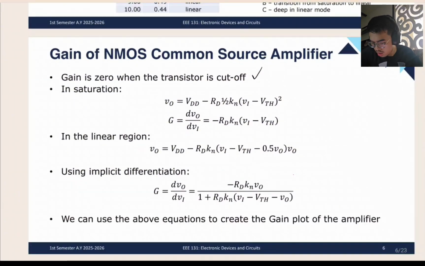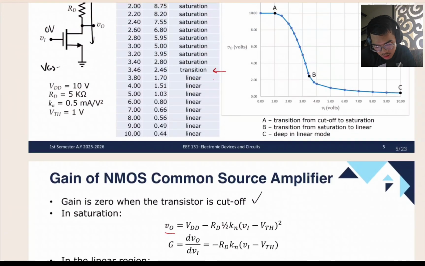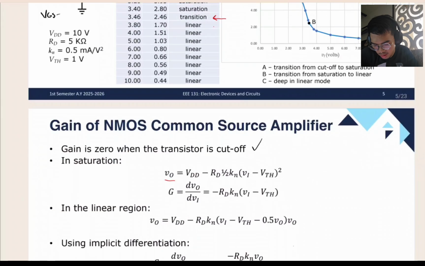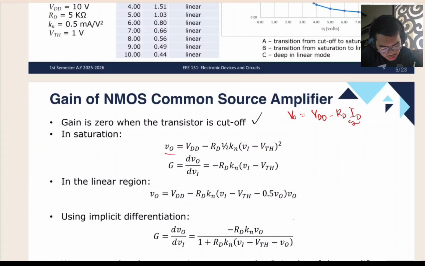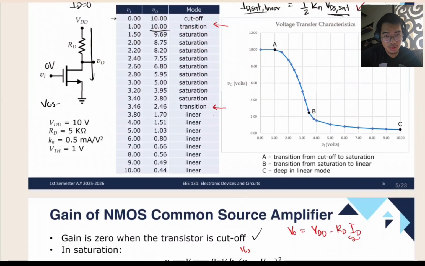But in saturation, Vout is equal to VDD minus RD ID. The expression you are going to use for this case is the equation for saturation, that's why you have here 1 half Kn (VGS minus VTH) squared.